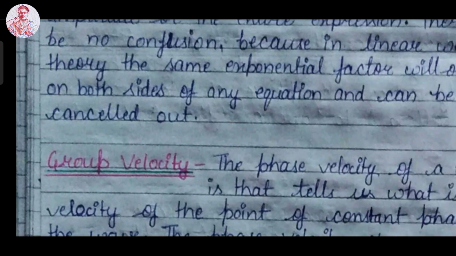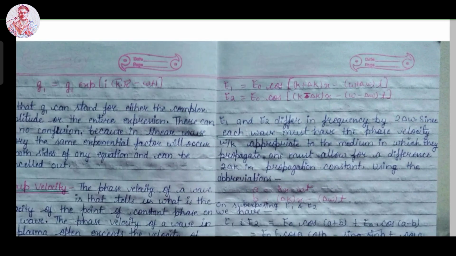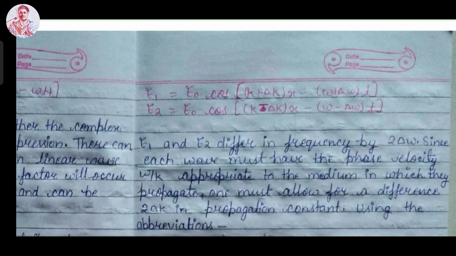Now for the group velocity we have taken two wave equations E1 and E2 with nearly the same frequency. E1 = E0 cos((k + Δk)x − (ω + Δω)t). E2 = E0 cos((k − Δk)x − (ω − Δω)t). After that we have calculated the resultant of these waves.